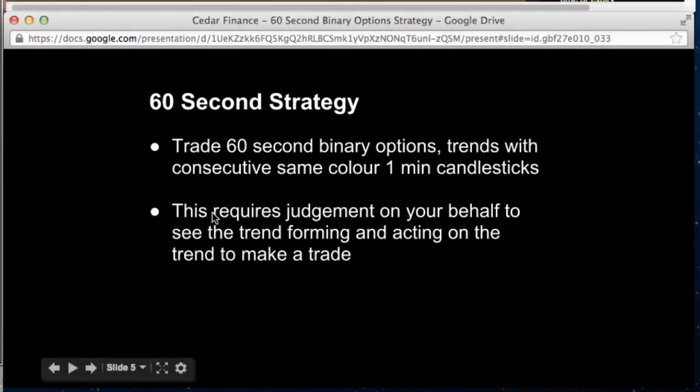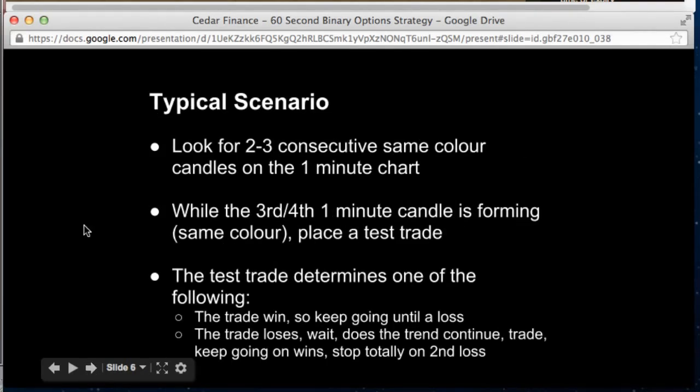So this strategy requires judgment on your behalf to see the trend forming and act on the trend to make the trade. So a typical scenario is to look for 2 to 3 consecutive same color candles on the 1 minute chart. While the 3rd or 4th 1 minute candle is forming, place a test trade. The test trade determines one of the following to see if the trade wins.